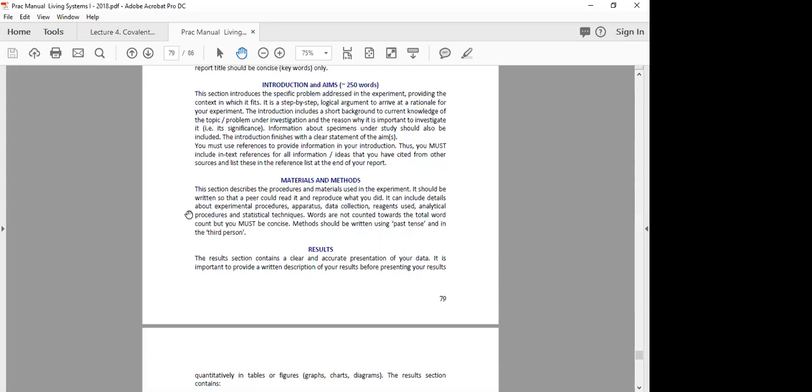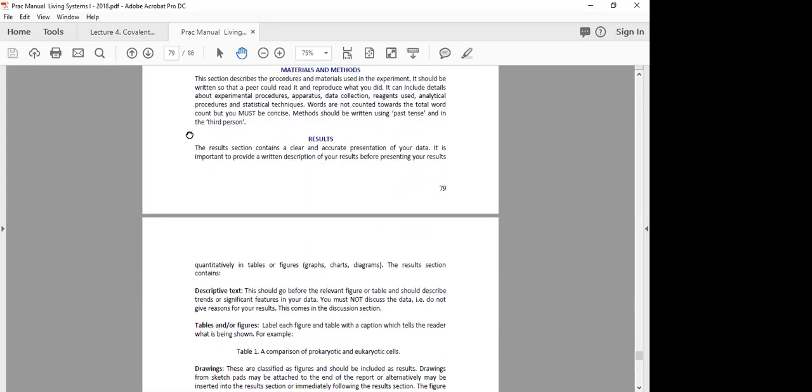Okay, so past tense, you're describing what has already been done and you're describing it in the third person. For example, you're not saying I dispensed, you are saying 10 ml of sodium hydroxide was dispensed. All right, so that's materials and methods.